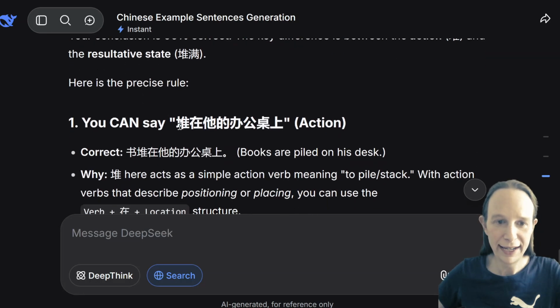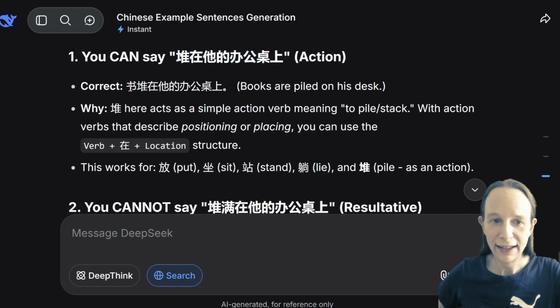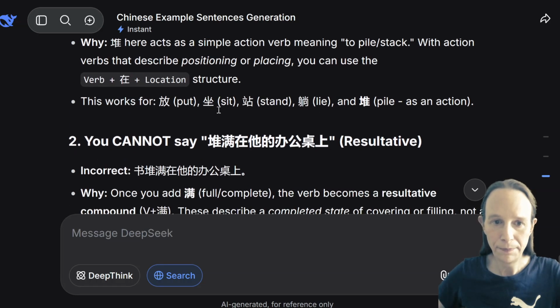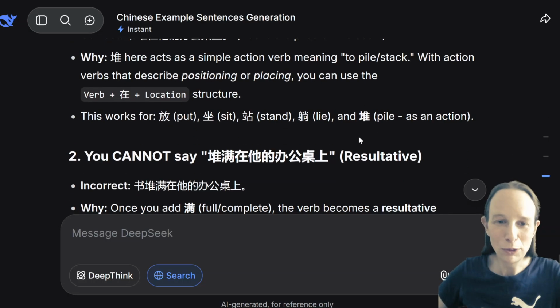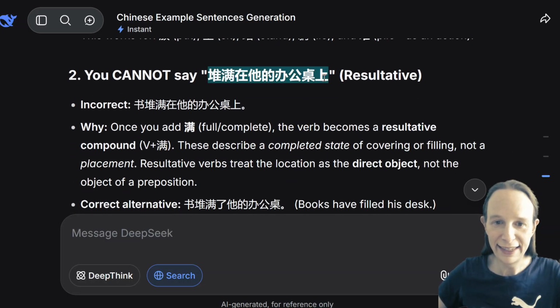Action, this one. You can say 堆在他的办公桌上. Okay, 书堆在他的办公桌上. Right? 放在办公桌上，坐在办公桌上，站在办公桌上，躺在办公桌上，堆在办公桌上. You cannot say this.